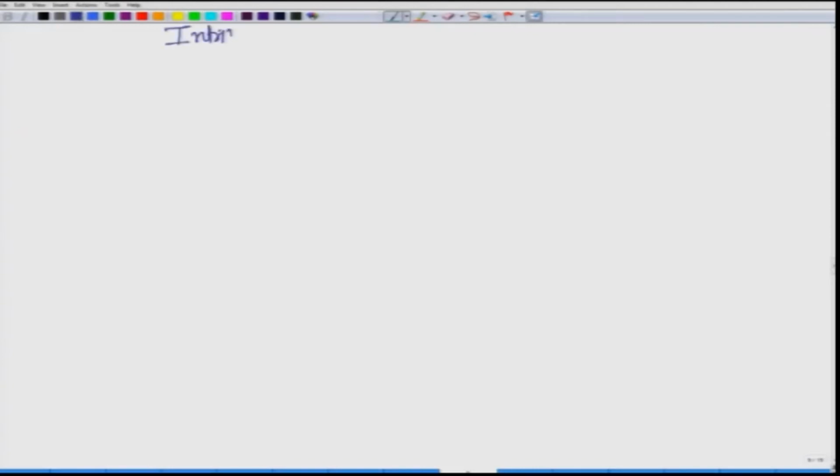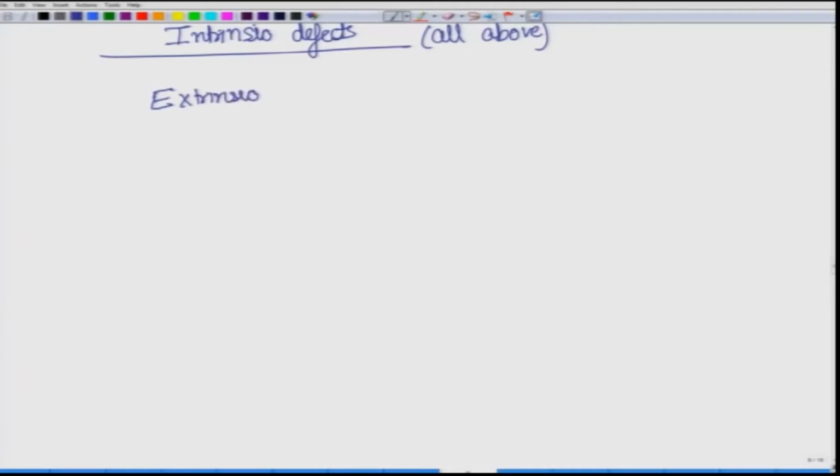So far we have discussed only intrinsic defects, all the above defects. Now, where we move on is to extrinsic defects. What are extrinsic defects? When you have some foreign atom involved in it, or impurity.